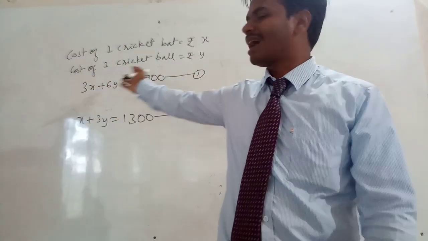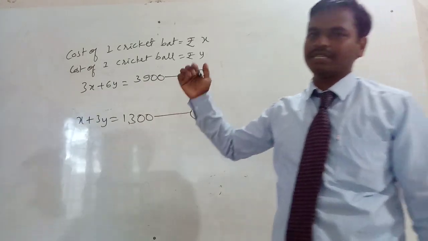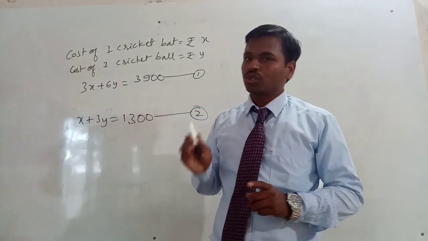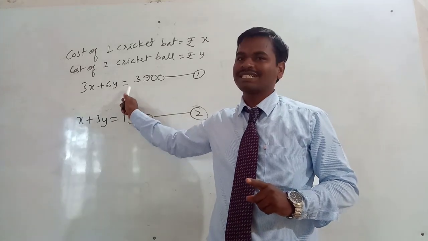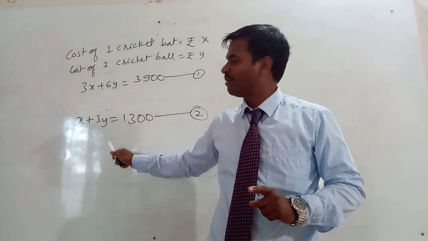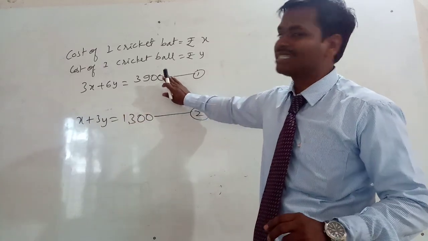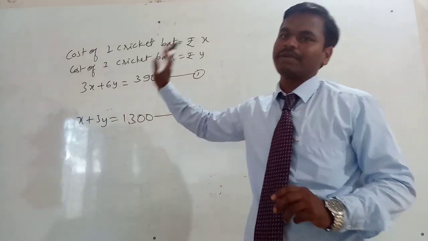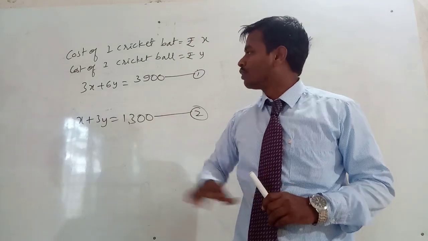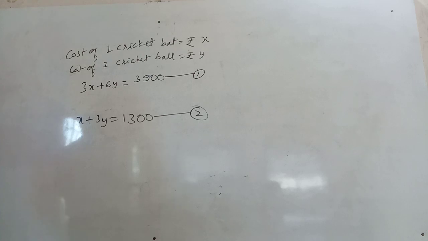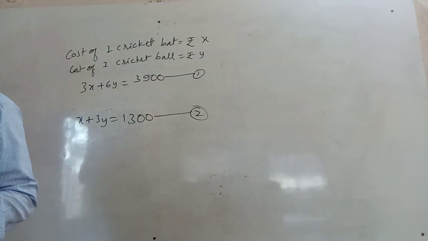These are nothing but the algebraic form of linear equations. Using the conditions given in the question, we are framing equations like this. Next part of the question: represent it algebraically and graphically.